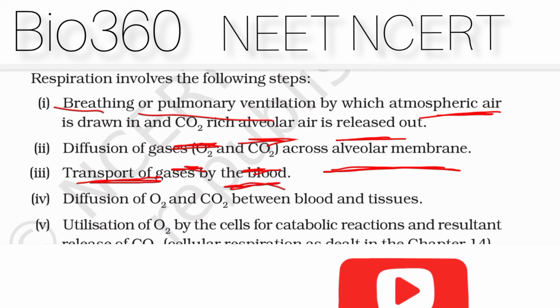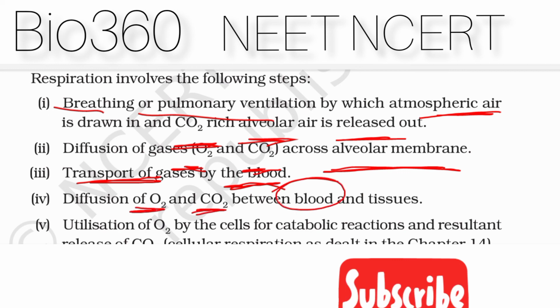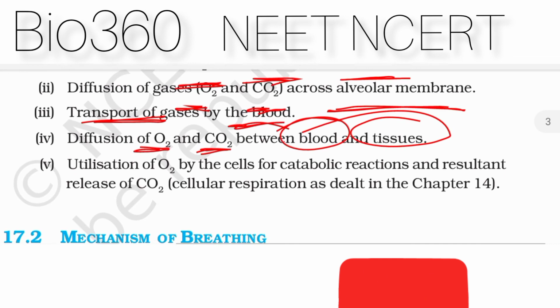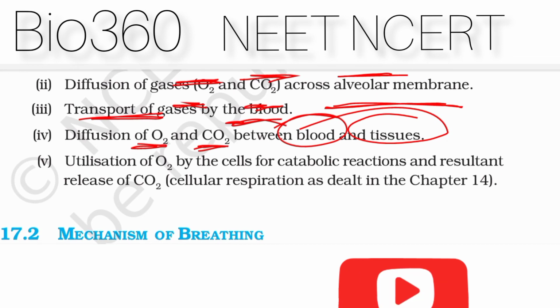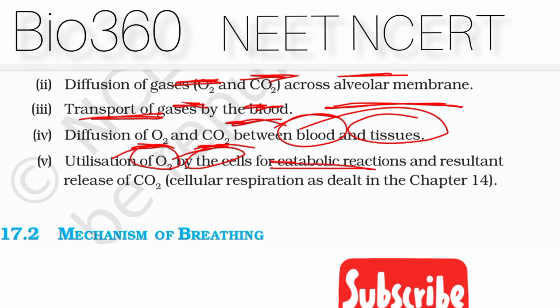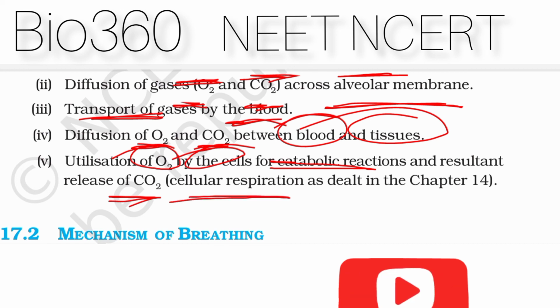The fourth one is diffusion of oxygen and carbon dioxide between blood and tissues. And the last and final step is utilization of oxygen by the cells for catabolic reactions, which results in release of carbon dioxide. This is known as cellular respiration.